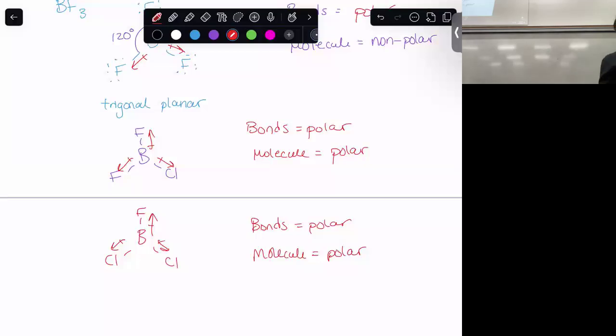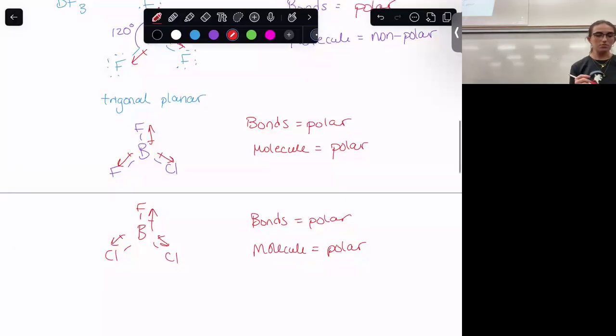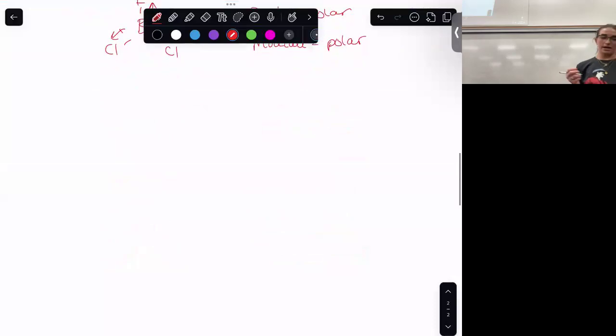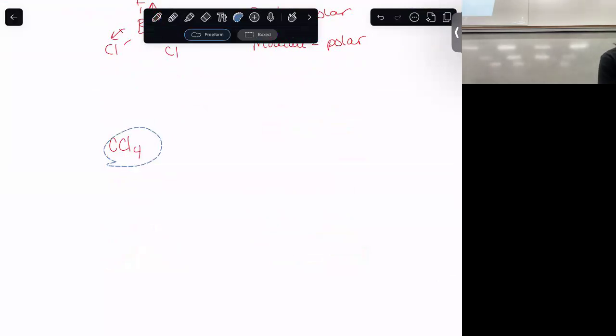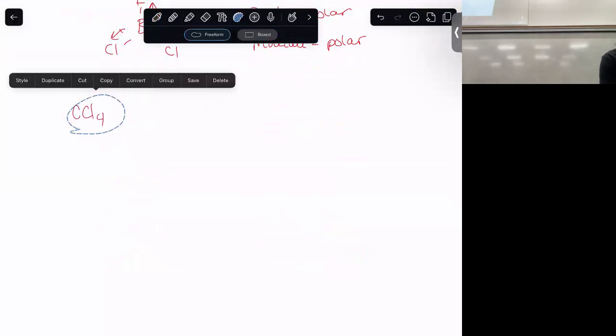What gets tricky is when we now start switching this into three-dimensional shapes, which becomes your tetrahedral, your trigonal bipyramidal, and your octahedral. So if we had carbon tetrachloride, what is that molecule gonna look like?